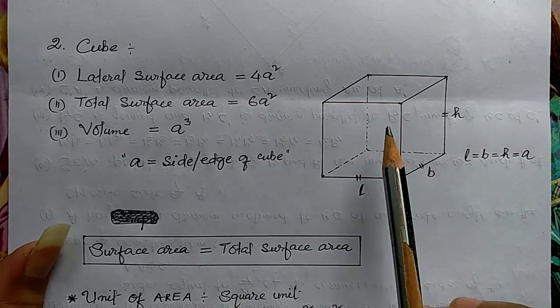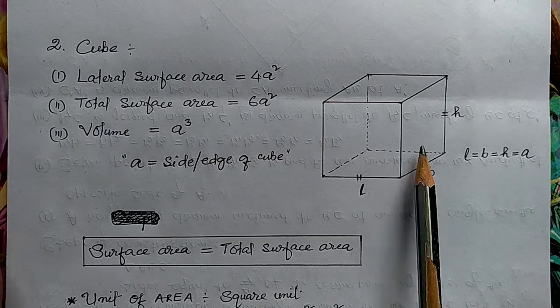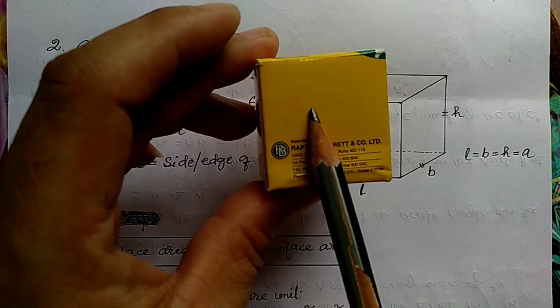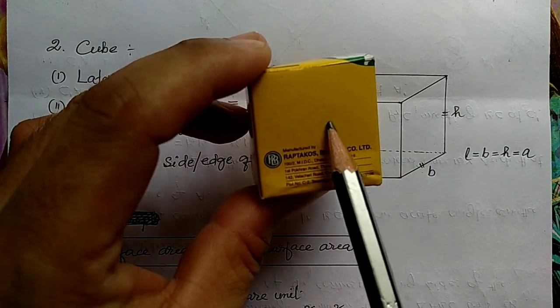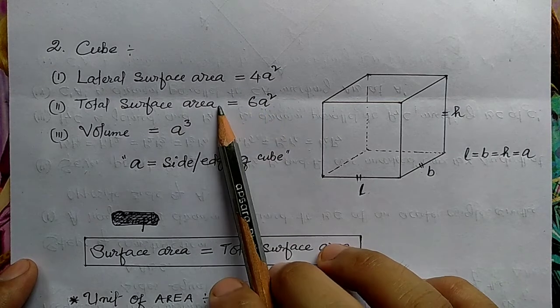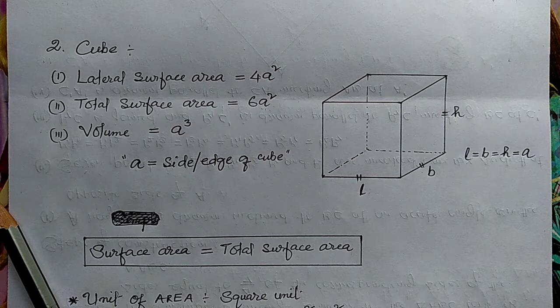Here we take the size or edge of the cube to be a. So a squared gives the area of a square. How many squares are there? Altogether 6, so we multiply by 6 to get the total surface area. And again here we have another surface area, that is the lateral surface area.